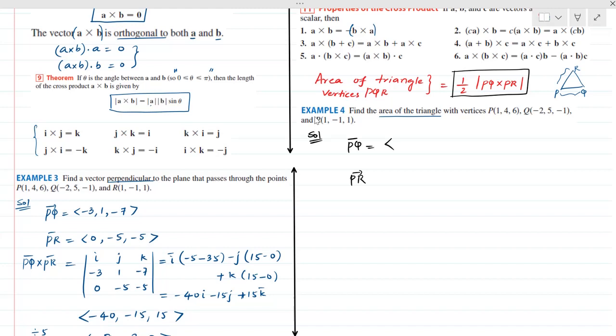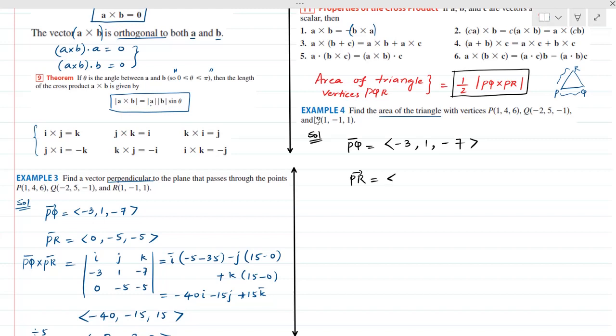So what is PQ? -2 minus -3, then 5 minus 4 which is 1, then -1 minus 6, it is -7.